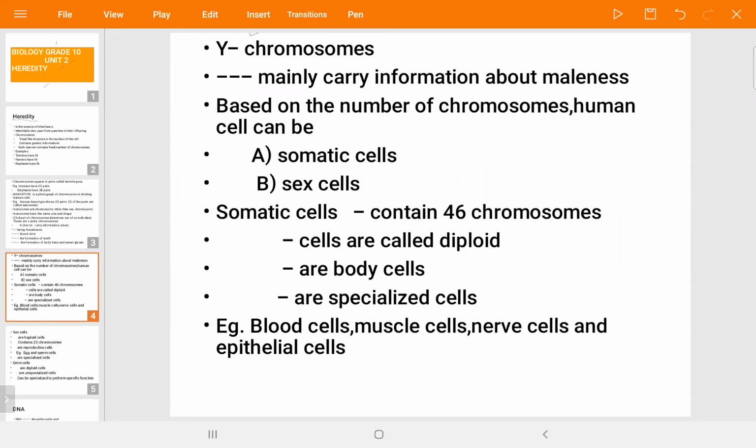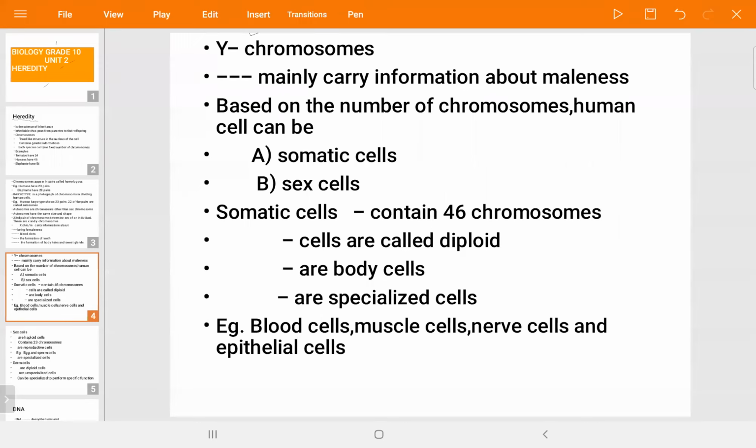Okay? Epithelial cells. We have different kinds of epithelial cells. You know this from your grade 9 biology. Epithelial cells found in the skin are modified for protection from UV, ultraviolet radiation, protection from pathogens, protection from mechanical injuries.